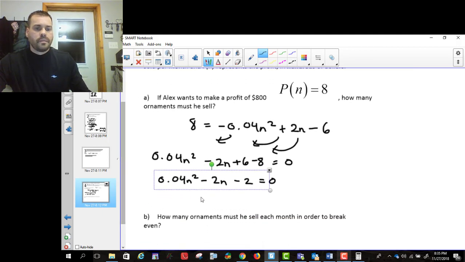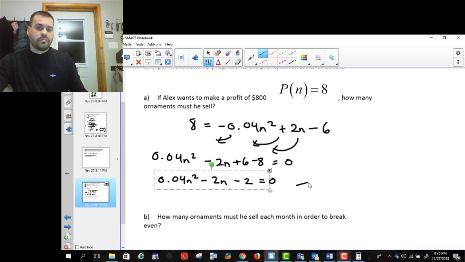All right. And what you can do, if you want to try to factor it instead of using the quadratic formula, there is a common factor of 2 in each term. You also, if you want to get rid of the 0.0 thing, could multiply the whole thing by 100. So it's up to you how you solve it.